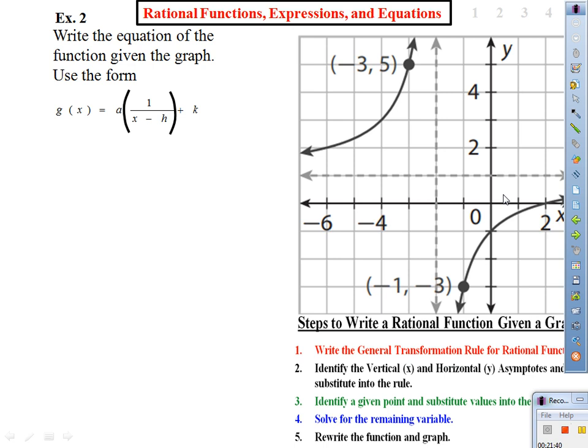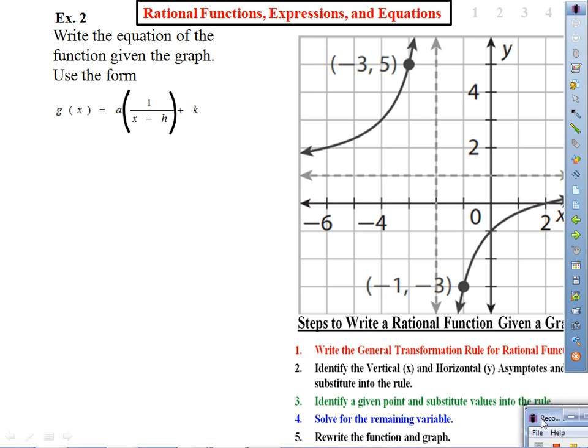Copy this one. Example 2. It reads, write the equation of the function given the graph. Use the form g of x equals a times 1 over x minus h plus k. Copy these instructions, and you don't have to copy the graph. We're going to do the work from the graph, okay?